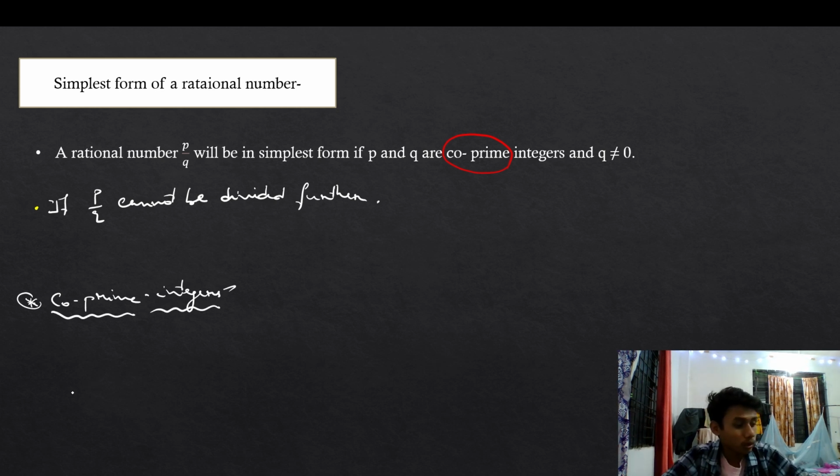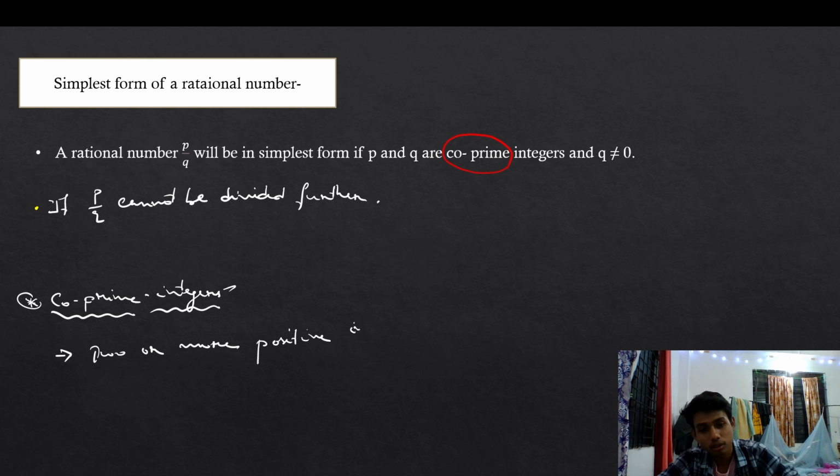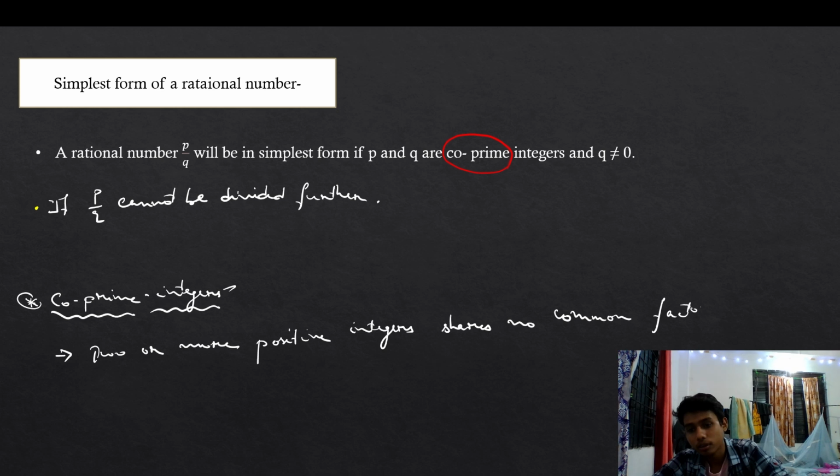Now when two or more positive integers share no common factor other than 1, they are called co-prime integers.